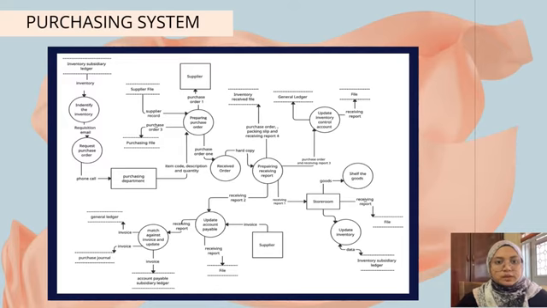The first copy will be sent to the supplier. The second copy will notify the receiving department to receive the goods, and the third copy will be filed in the purchasing file.